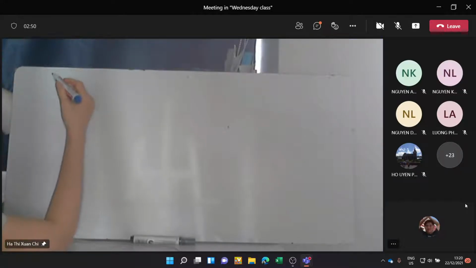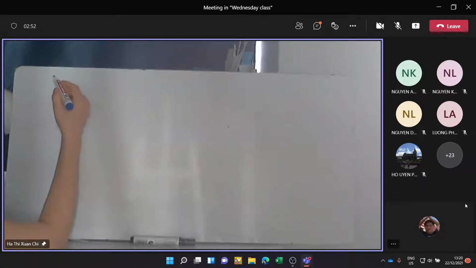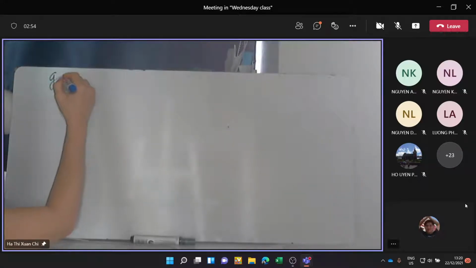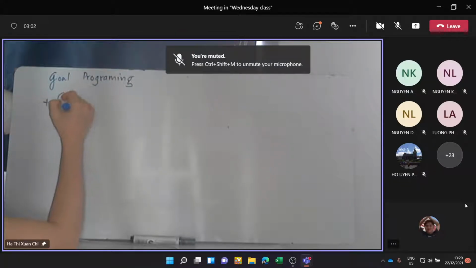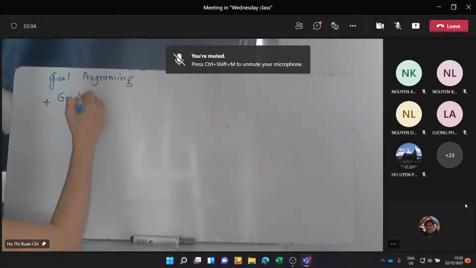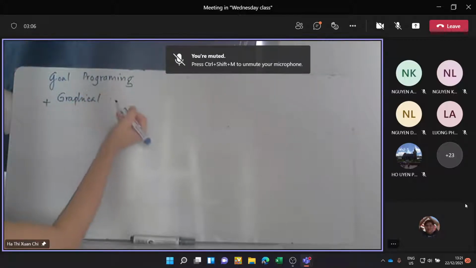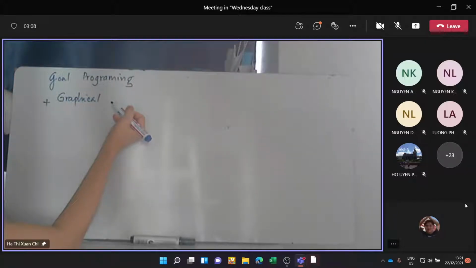Everyone, for Go programming, we know how to use the graphical methods, right? For Go, we have graphical methods to solve for two variables.